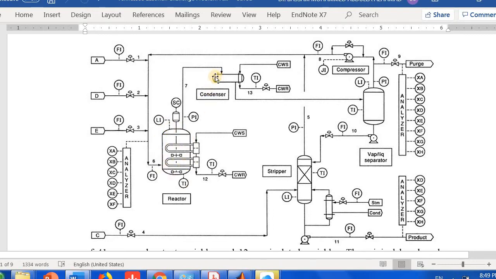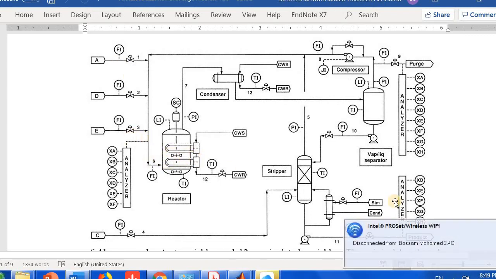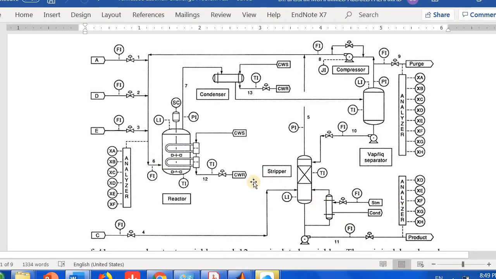What else? I have a level because of the condensation process, so I need to control the level here. Actually, I also have a level within the reactor because of the feed in, so I also need to do some kind of control.